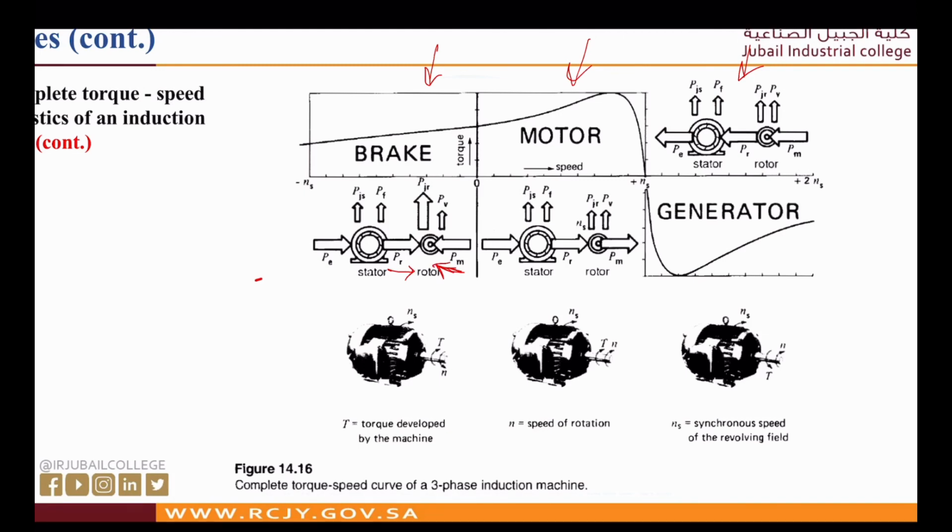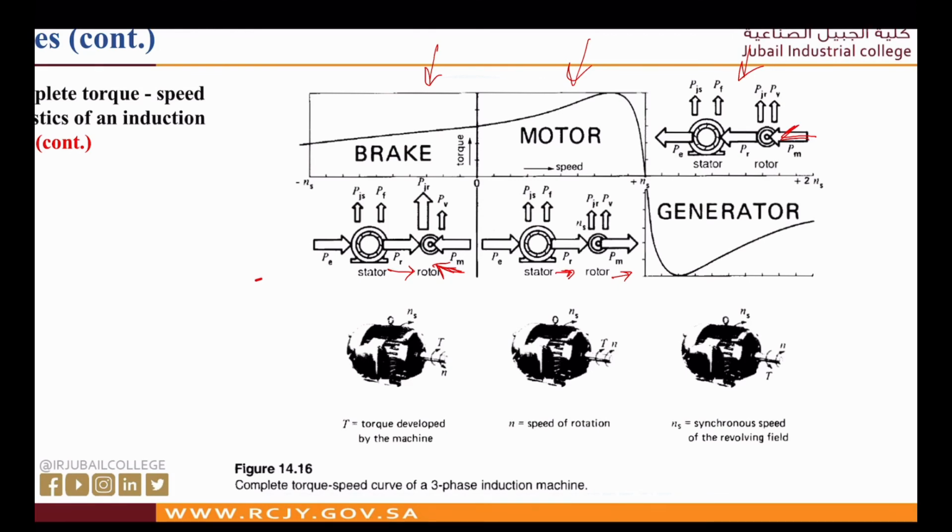Okay. Now, when the induced torque, which is the power of the rotor, and the mechanical power are in the same direction, we will have motoring. Okay. And the third mode is when the speed of the rotor is more than the synchronous speed, then we will have a generator, right?